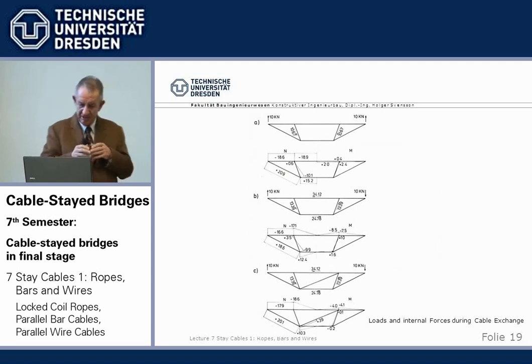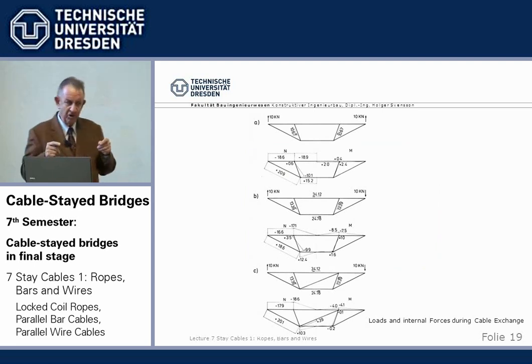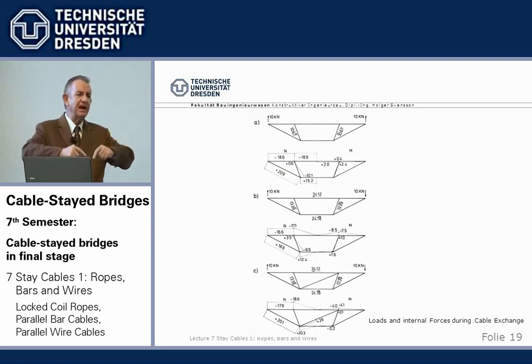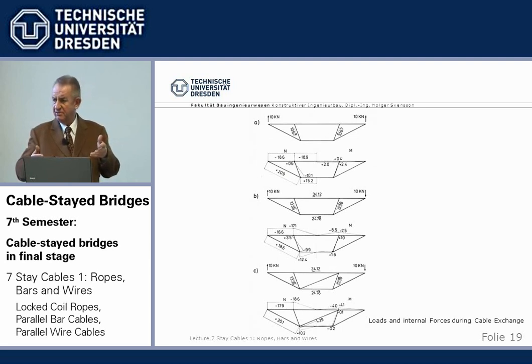At that time, however, the loading cable exchange, which we today apply as a matter of routine to cable-stayed bridges, same as we apply the loading bearing exchange for regular bridges, wasn't considered.